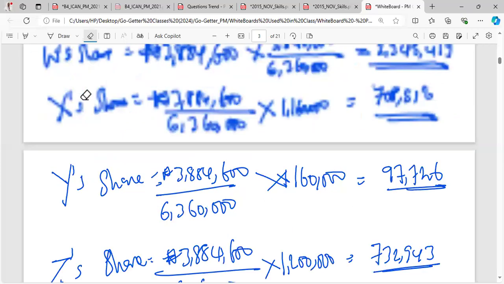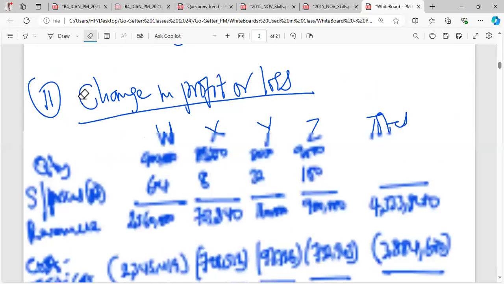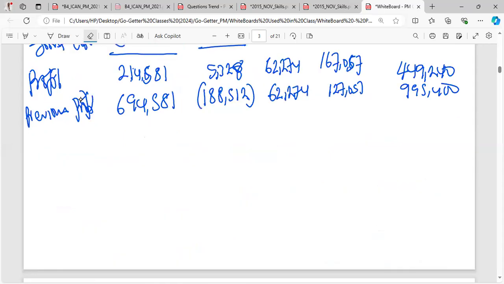So this is the current profit. This is the previous profit.